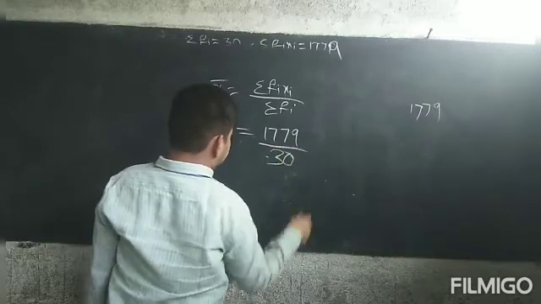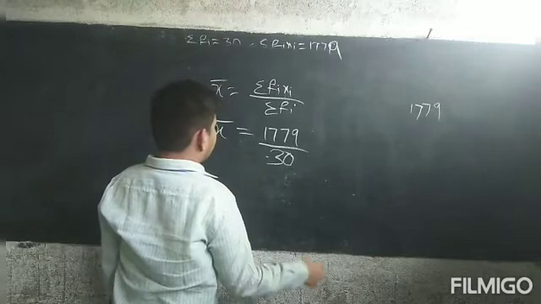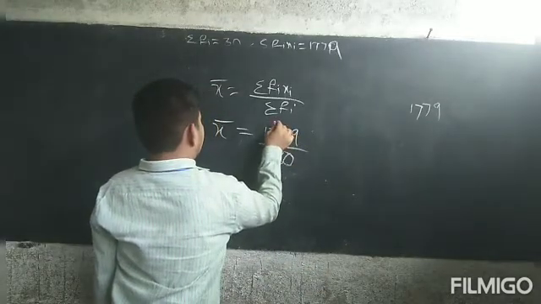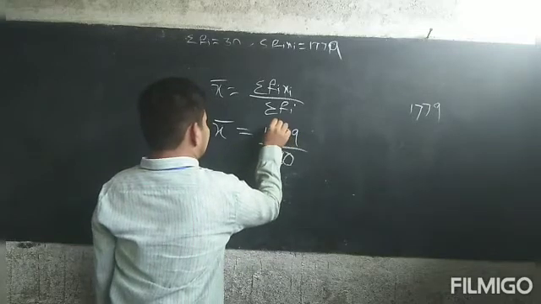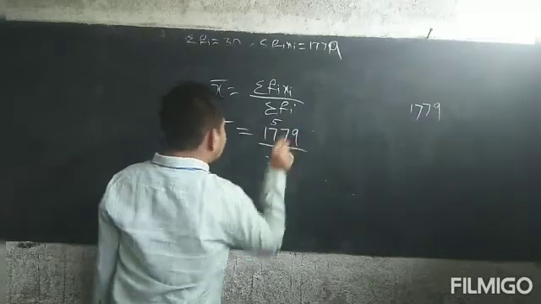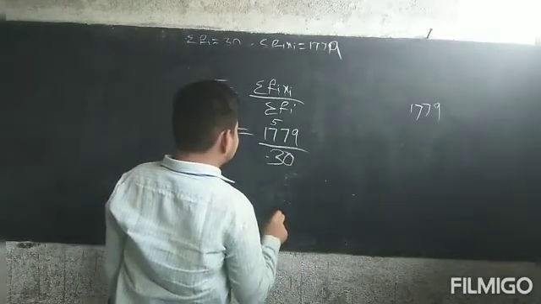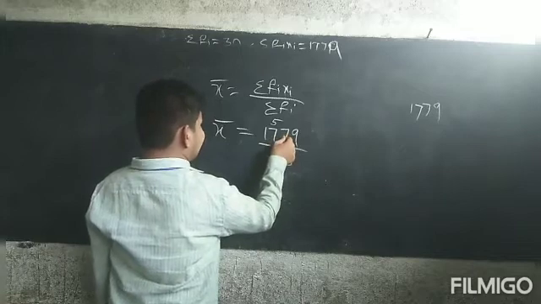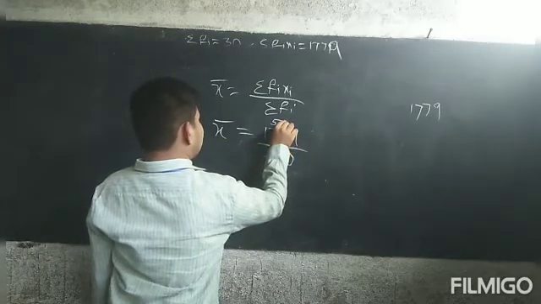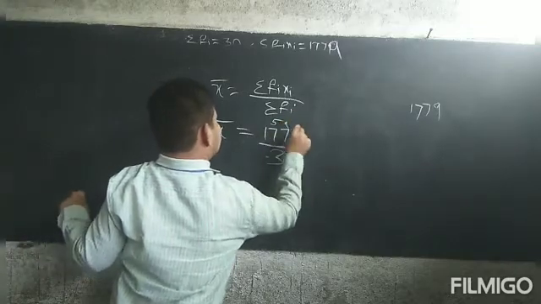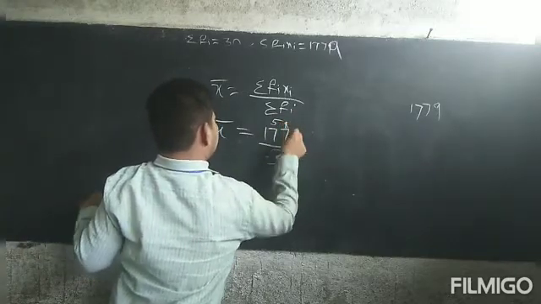Okay, now cancel with 3 by 15. Okay, now 27. 3 nines are 27.